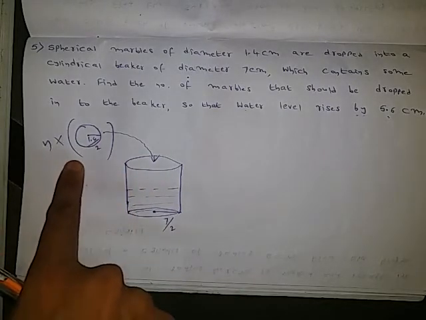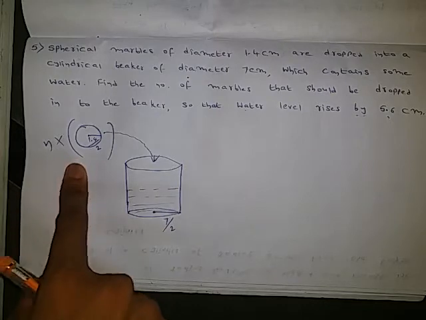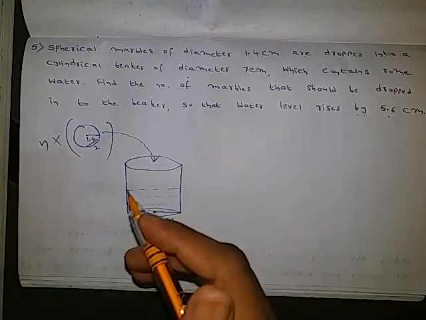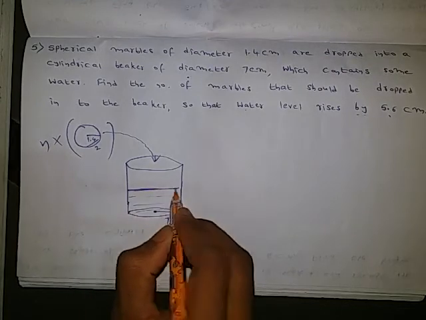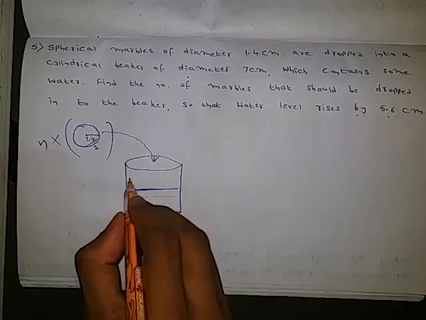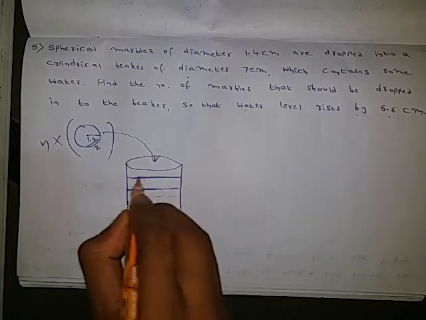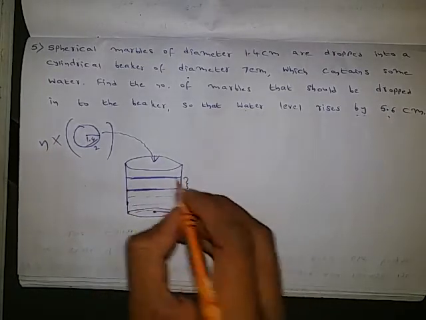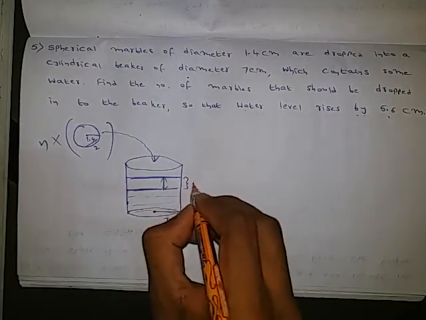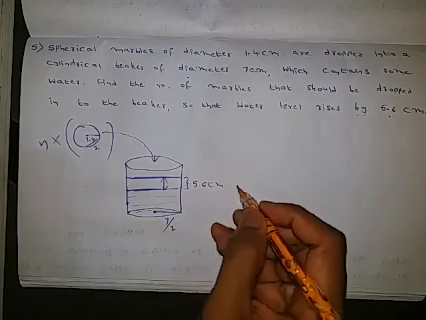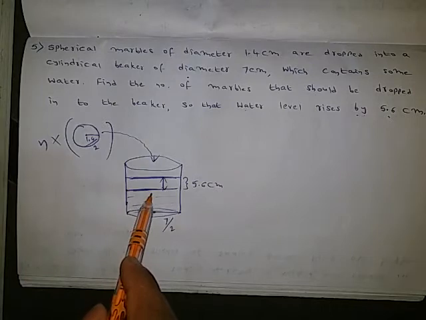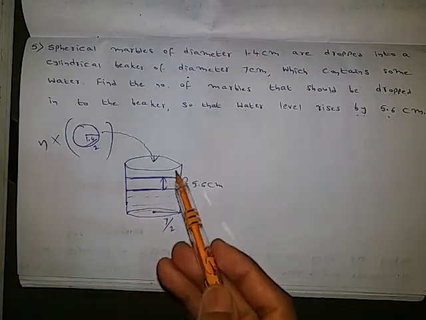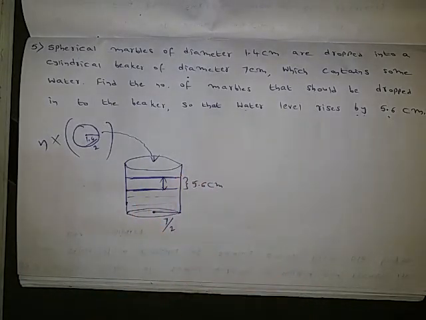So how many spherical marbles do we need to drop so that the water level rises? Now the water is till here. It is rising by 5.6 centimeters. So it means up to here. This raised how much? 5.6 centimeters. Then we need to find how many marbles we need to drop so that it will rise by 5.6 centimeters. That is very easy.